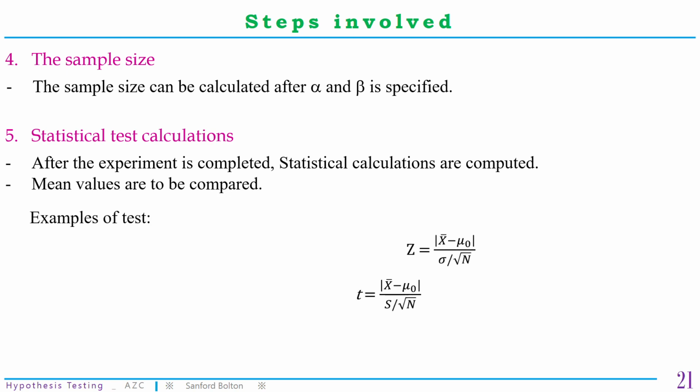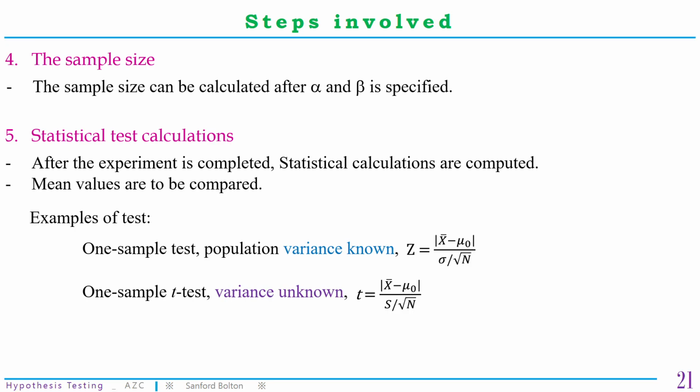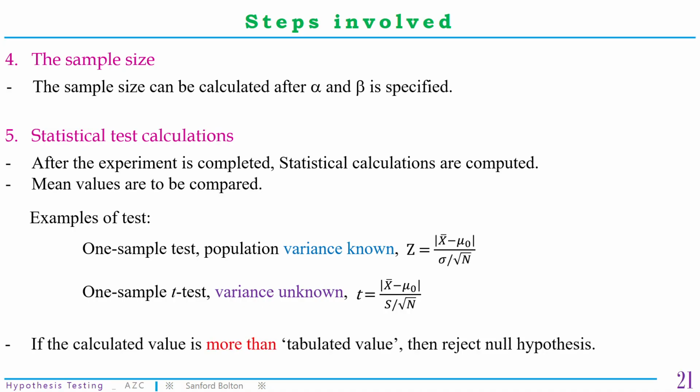Examples of tests are z-test and t-test. Z-test is performed when the population variance is known, and if variance is unknown, a one sample t-test is performed. If the calculated value is more than the tabulated value, then reject the null hypothesis.